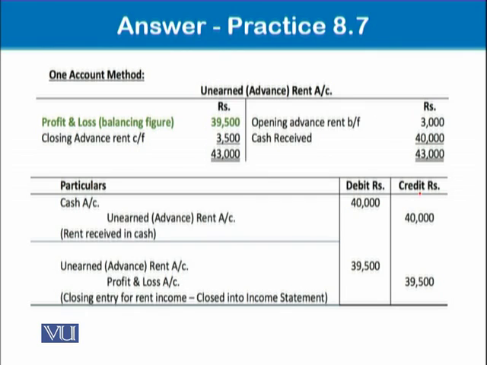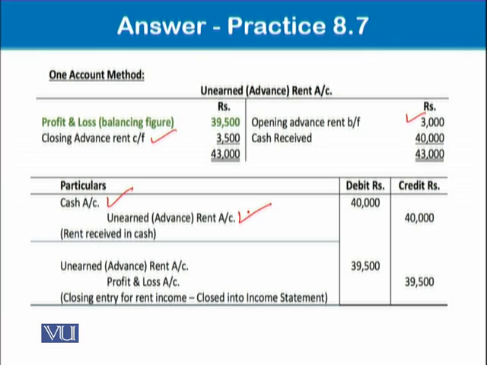So let's see the one account method. We will prepare only one ledger account, which is unearned or advance rent. Its opening balance, since it's credit in nature, will be placed over here. Closing balance will be placed over here. And when we receive cash, cash account is debited, and unearned or advance rent account would be credited. Advance rent account, we will call it, we will not call it income account. Advance rent received.